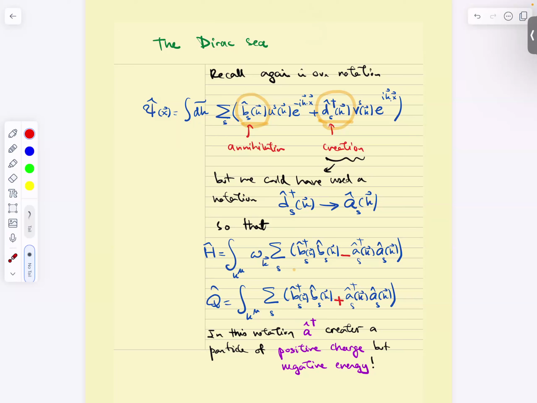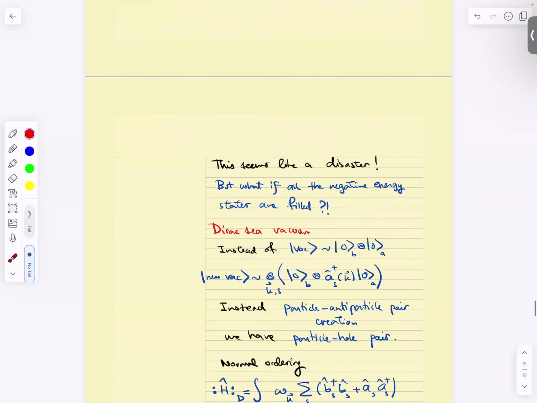That sounds horrible for physics. Why? Positivity of energy is violated, and that's awful. Why is that bad? Stability. Because you could lower energy by creating particles. It's like a bomb. It's just going to pop particles out of the vacuum, and you're just going to lower the energy.